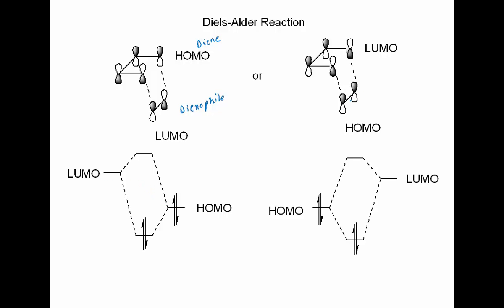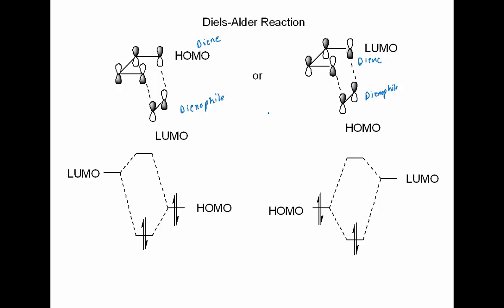All right, we can have the opposite interaction here. Here's a HOMO of the dienophile and the LUMO of the diene. And here we see just the opposite, but the same net degree of stabilization.